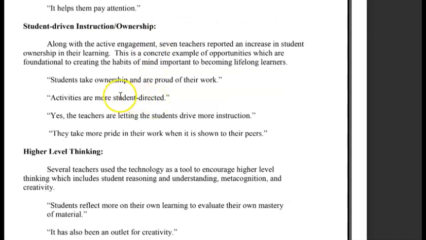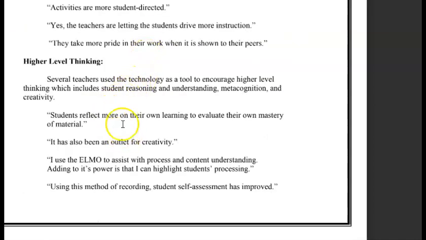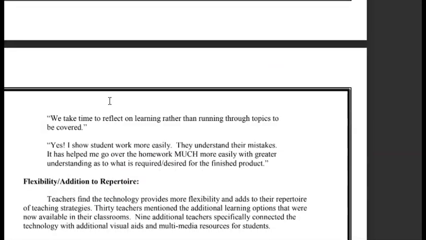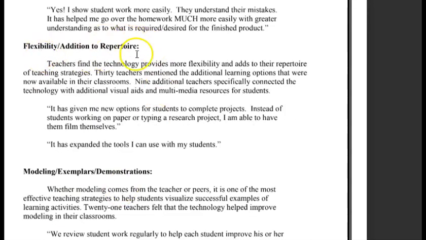So for this theme, student-driven instruction and ownership, here's some examples of what teachers said, and here's my description. Same thing for higher level thinking, here's some examples of what they said. When it looked like this, I coded it for higher level thinking. So that's what researchers do. They summarize that data, they put it into groups, and then they describe each group and give quotes.